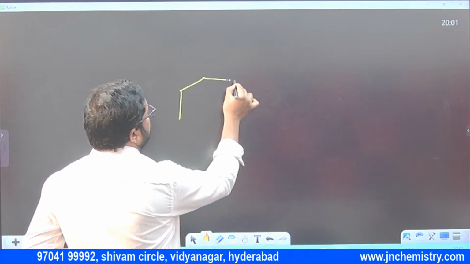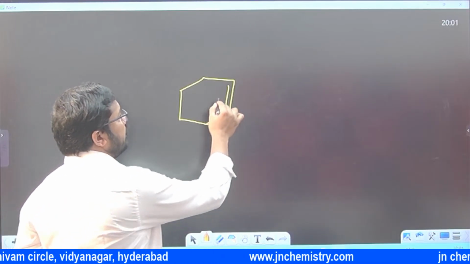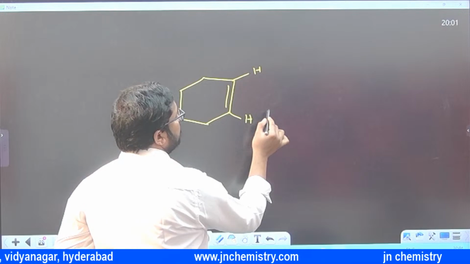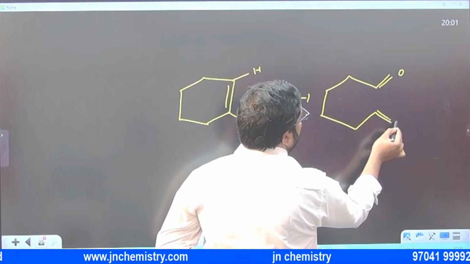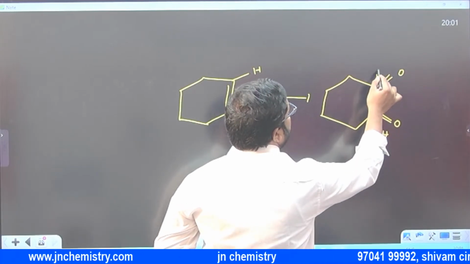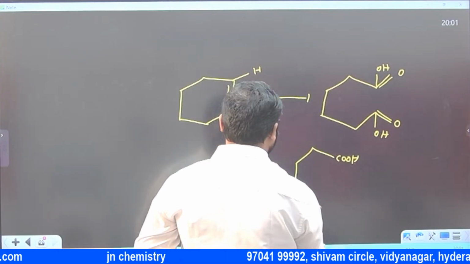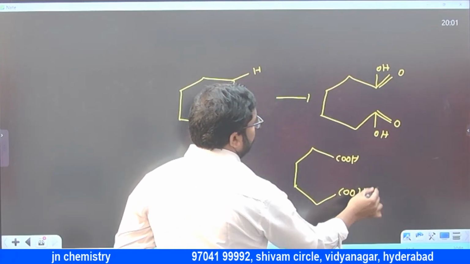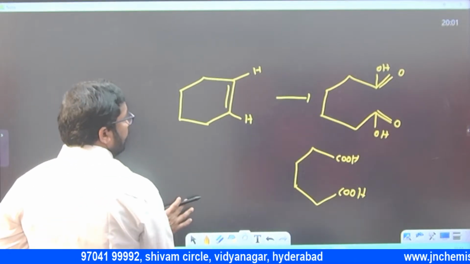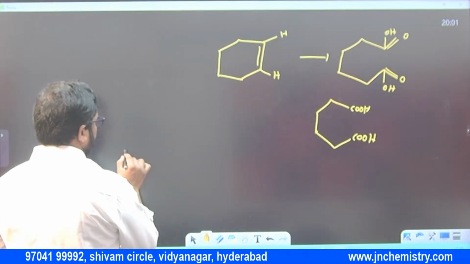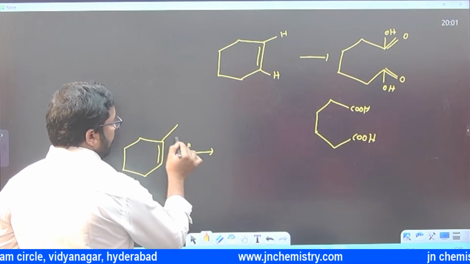For example, if the ring structures are given like this. If you're confused, here hydrogen is there because carbon is having 4 bonds, right? Simply do the ozonolysis, double bond O, and I'm writing the OH. Why? Because nothing but we can write COOH. Okay? KMnO4.